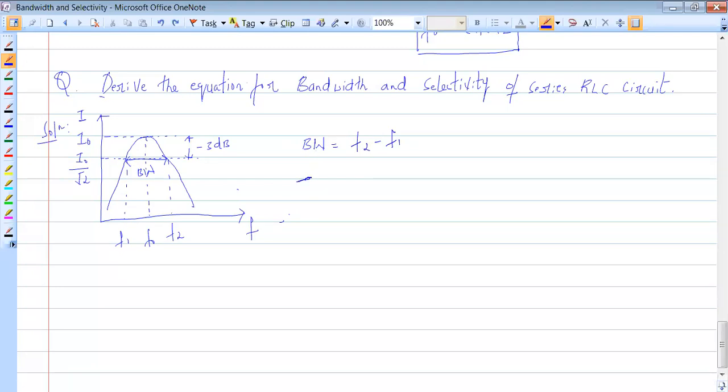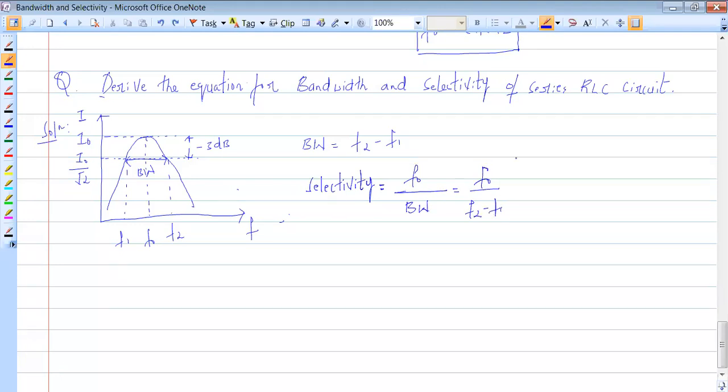Understand? Now, there is another thing that we are going to see, that is selectivity. What is selectivity? Selectivity is given by the resonant frequency by bandwidth. What is the resonant frequency? Resonant frequency is F0 and bandwidth is F2 minus F1.